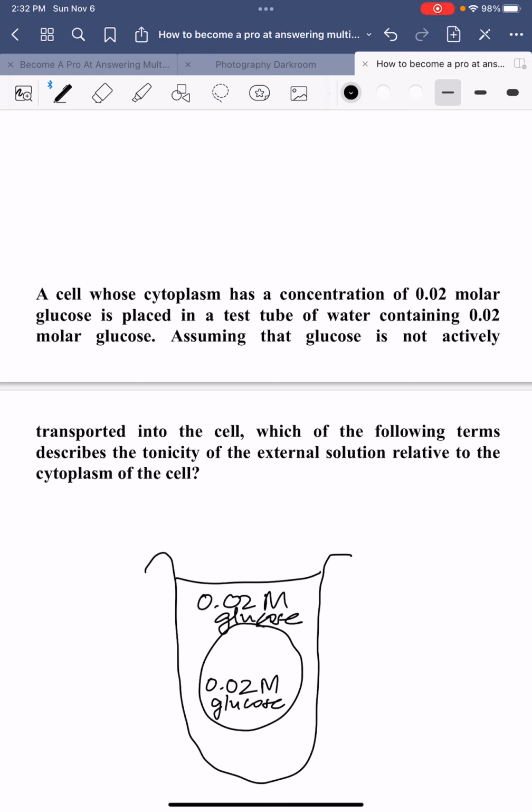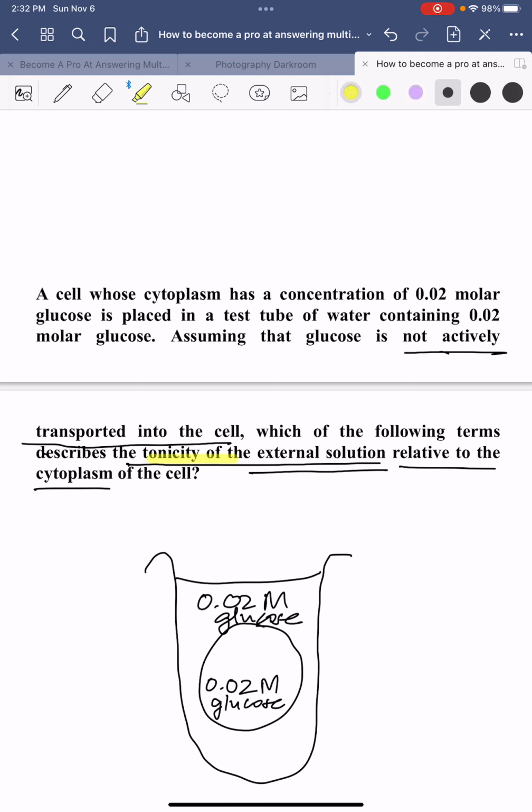Right, assuming that glucose is not actively transported into the cell, so there's no additional ATP energy involved here, which of the following terms describes the tonicity of the external solution relative to the cytoplasm of the cell? Oh, so they're asking us to specify the tonicity of the external solution, right?